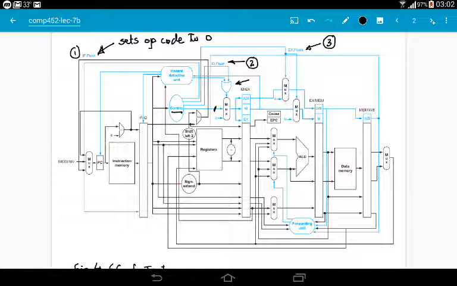Basically it inserts a bubble in the load-use hazard case. We saw this in data hazards.